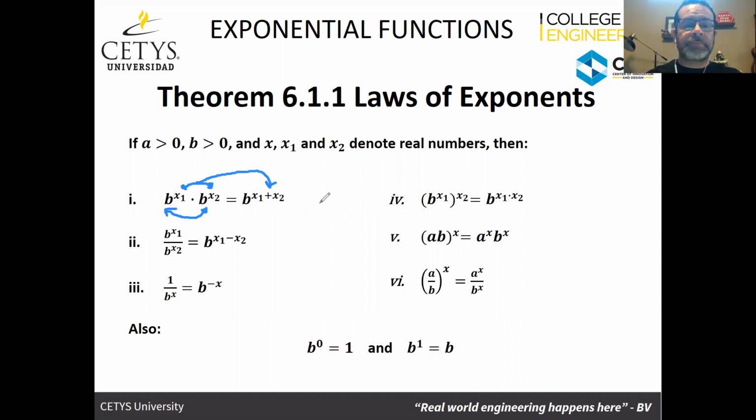So, for example, if I have 2 elevated to the 3 multiplied by 2 elevated to the 2, we've got the same base here. In this case, the base is 2, or b equals 2. And so the result here would be the same base, which is 2, and the exponents are added, which would be a 5.